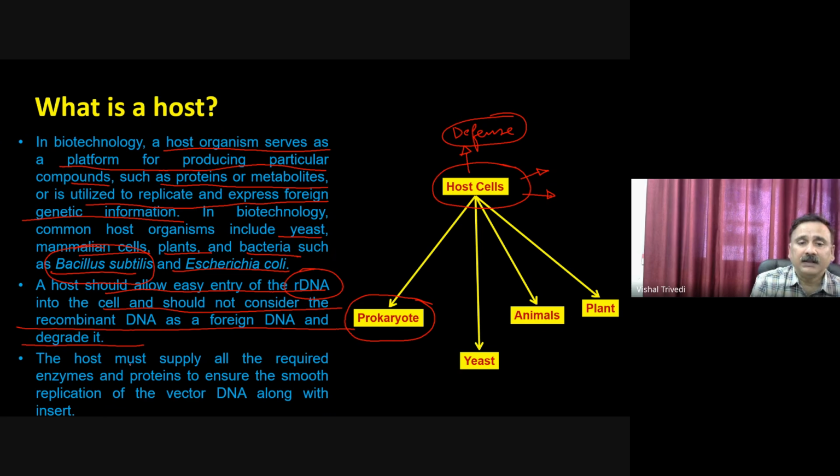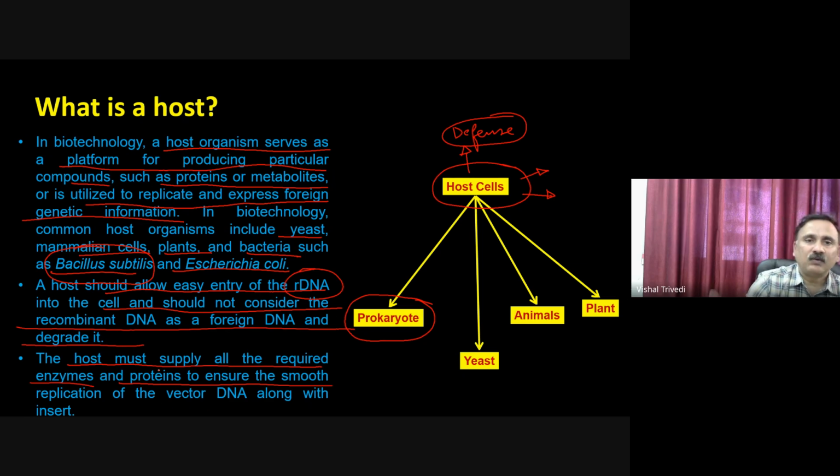And the second part is that the host must supply all the required enzymes, right? It should supply the RNA polymerase, the DNA polymerase, the ribosomes, and so on, so that you can use that for protein production and allow the replication of the vector DNA along with the inserts.